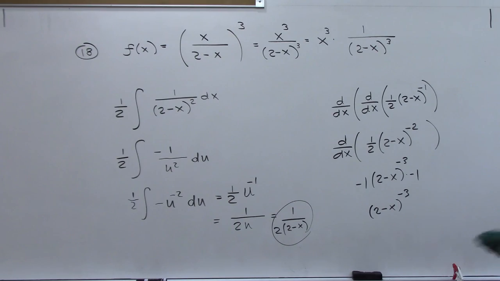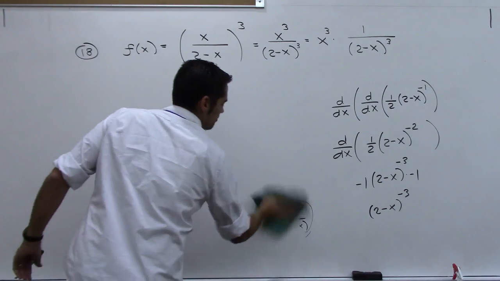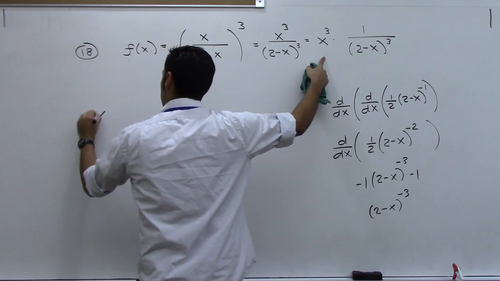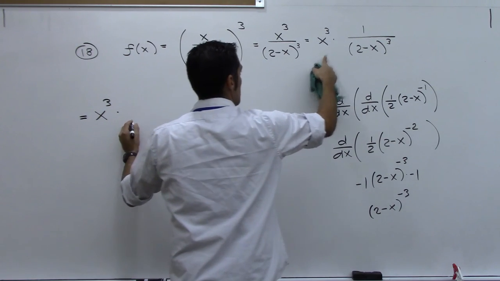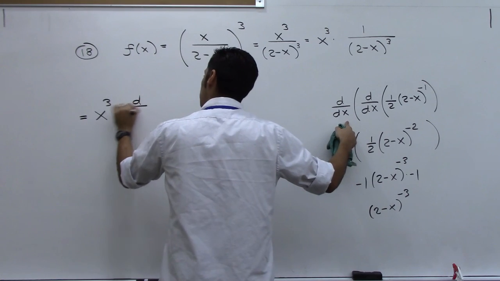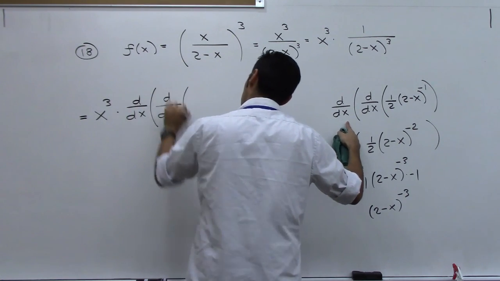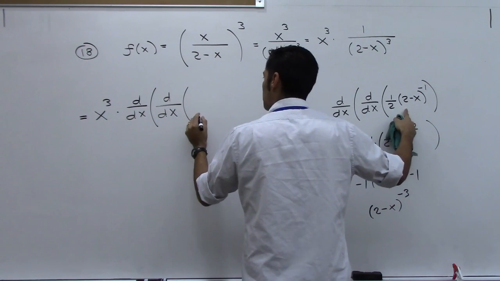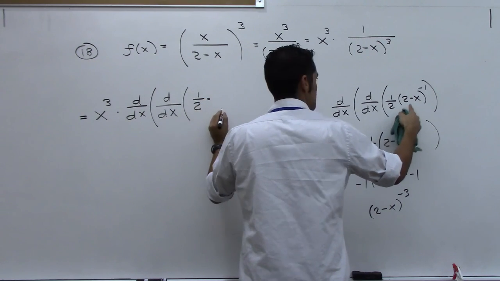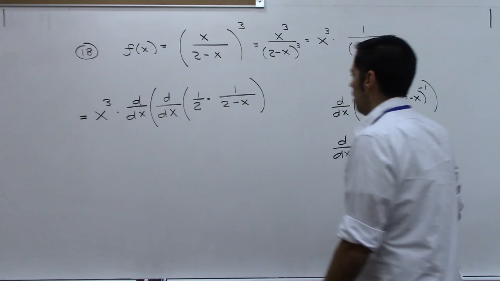So let me see if I can write this out now to make sense of it. If I rewrite this, I have x cubed times this, which is the derivative of this, which is, let me write it this way, 1/2 times 1 over 2 minus x. So I just split that apart.